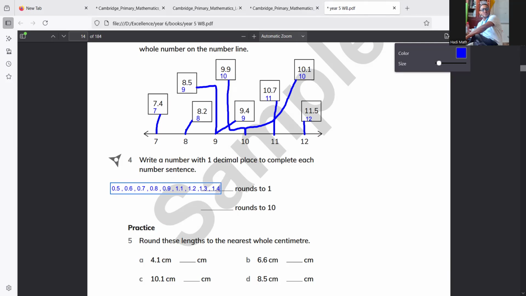All these numbers round to what? Rounds to 1 to the nearest one. And they all have one decimal place. So these are the numbers.